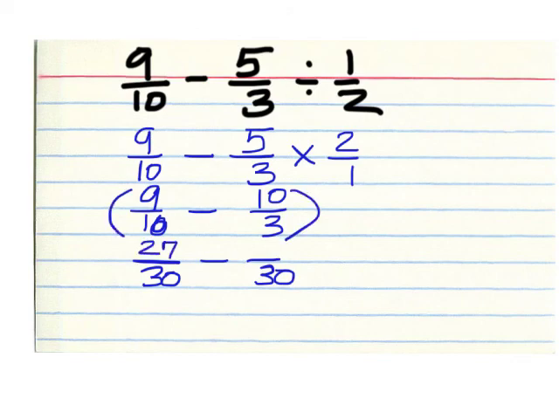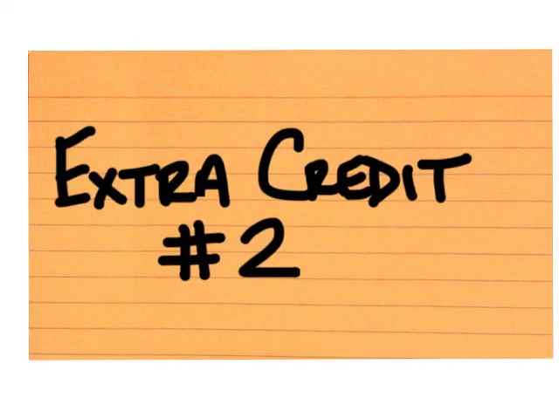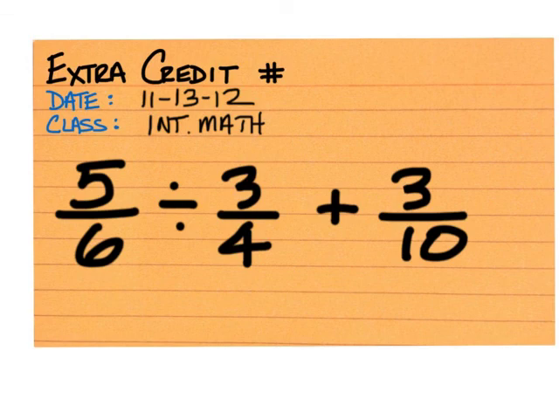And you're multiplying by 3 here to get 27, and then by 10 there to get 100. So 27 minus 100 would give you a negative 73 over 30. And that would be a negative 2 and 13/30. Extra credit number 2.